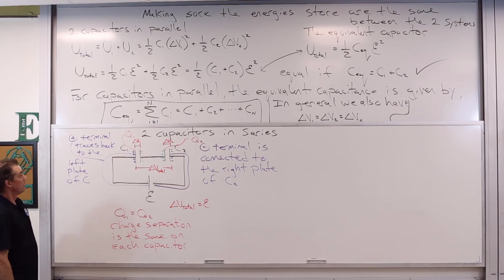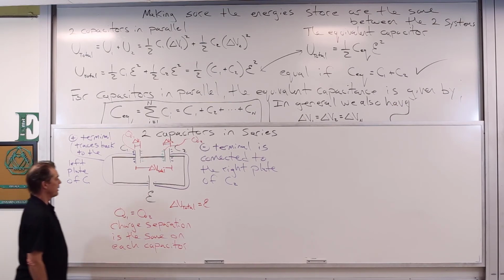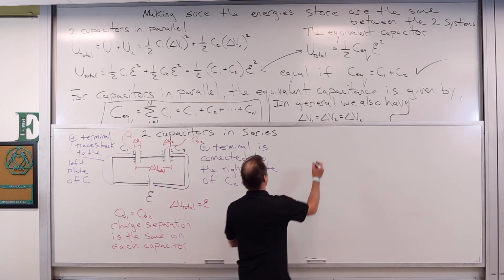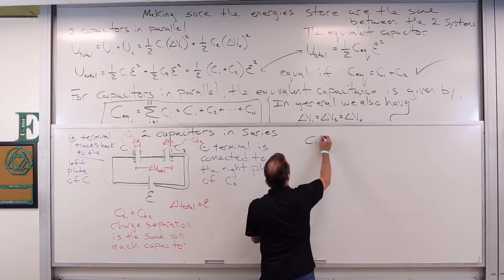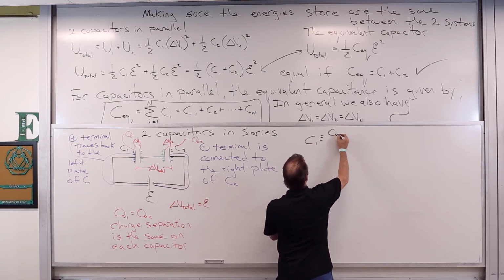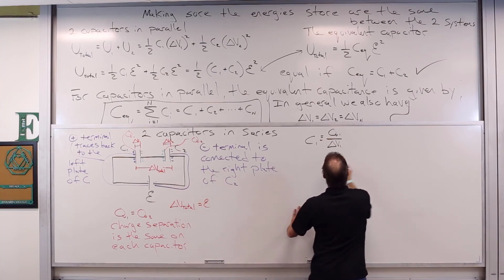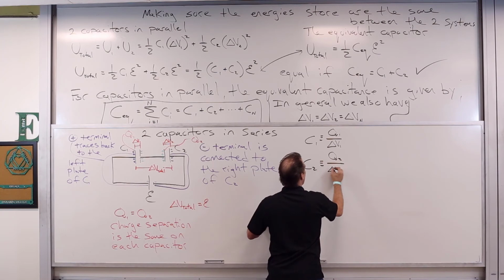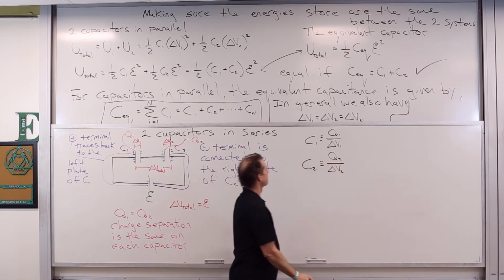All right, so what can we do with this? Well, we can start looking at the definitions of these individual capacitors. C1 is defined as Q1 divided by delta V1, and C2 is defined as Q2 over delta V2.